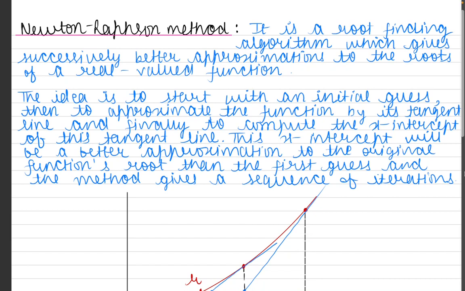The method gives a sequence of iterations. So geometrically, see what is happening. You have the xy axis here, and let's say your graph is this. Okay.